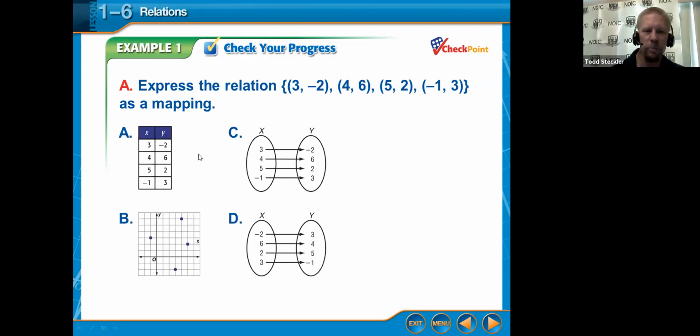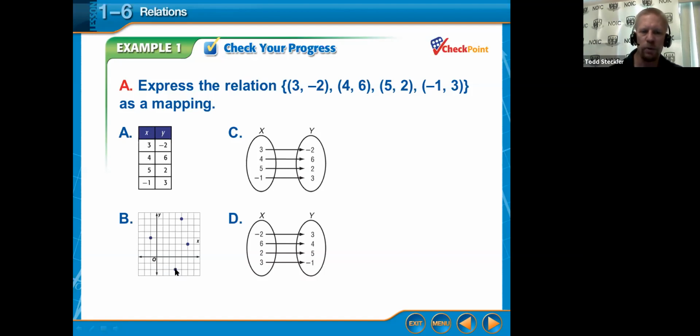Let's take a look at letter B. What letter B has done is it has expressed this relation as a graph. So 3 comma -2 means to plot that point, we will go 3 to the right because 3 is the X coordinate, and 2 down because -2 is the Y coordinate. So 3 comma -2, 3 to the right, and 2 down from the origin.